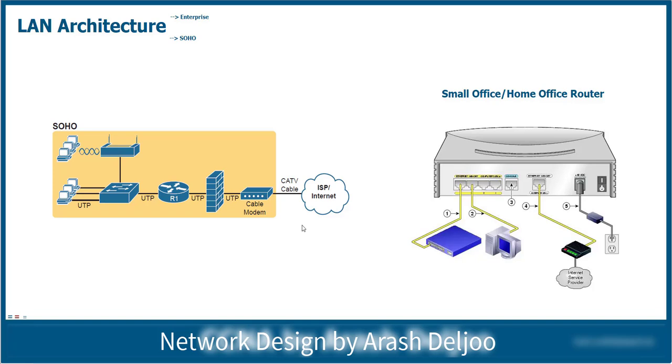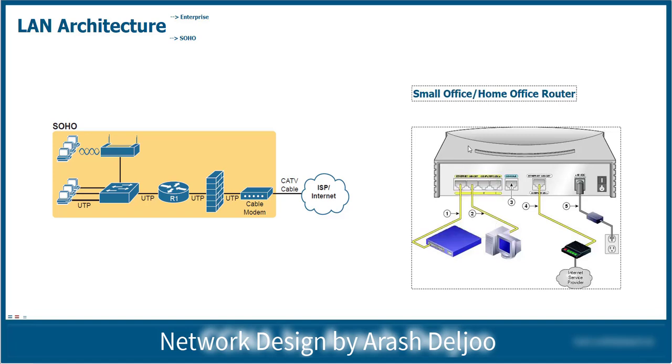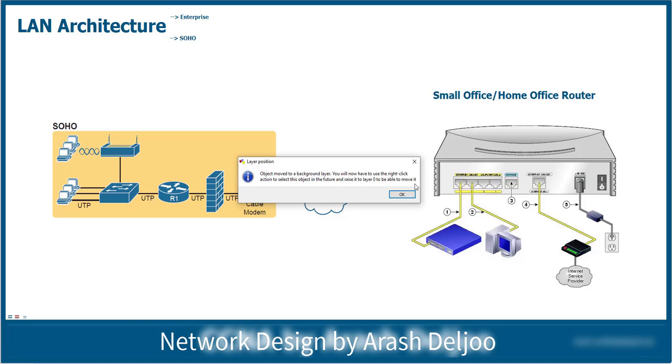It is so easy. You don't need to buy one router, one switch, one firewall, one access point, or some other things. You can easily buy only one device, such as a small office, home office router. In this device, actually, we have multiple devices. This is a composite device.